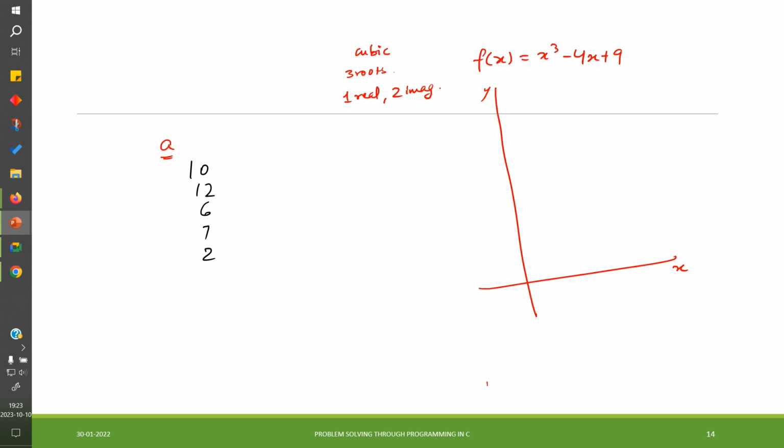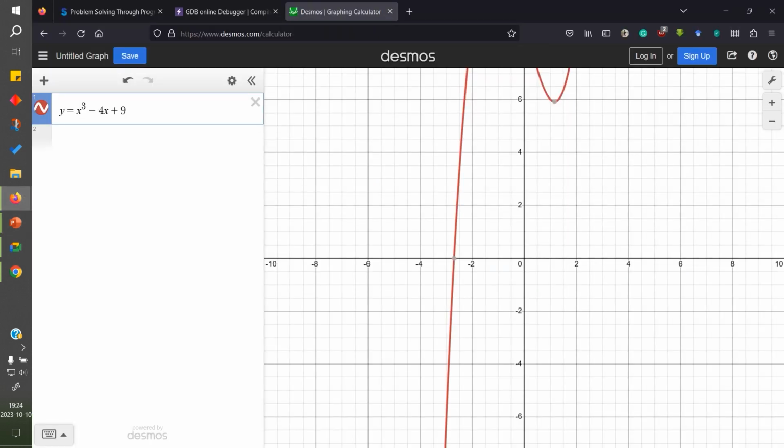First, y equals x cube. Now the other thing, which is 4x minus 9. Now I'm going to subtract this, so it will be y equals x cube minus 4x plus 9. So this is going to be our function. That's my intention.